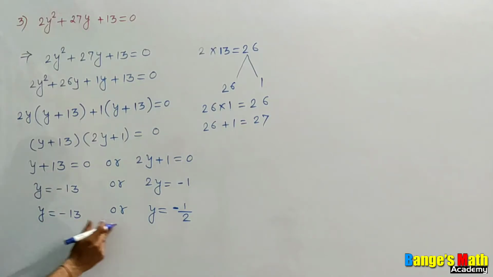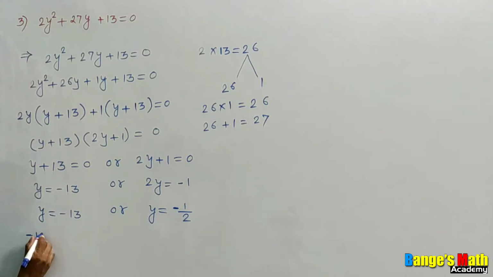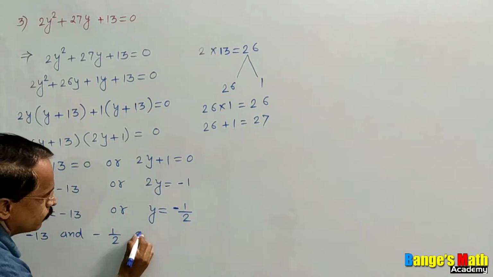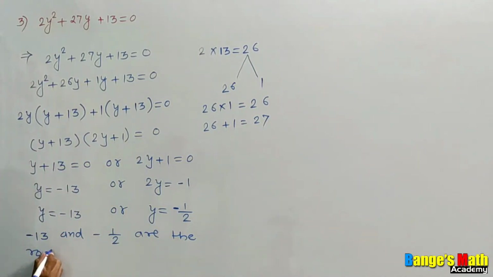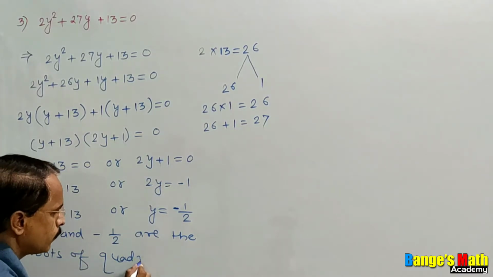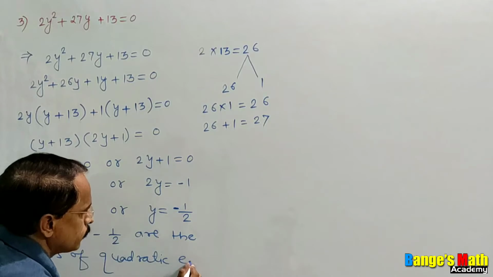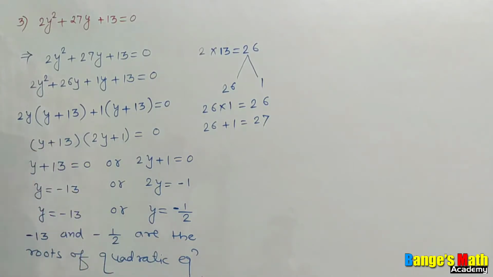So minus 13 and minus 1 upon 2 are the roots of the given quadratic equation. Write down the answer: minus 13 and minus 1 upon 2 are the roots of the given quadratic equation.